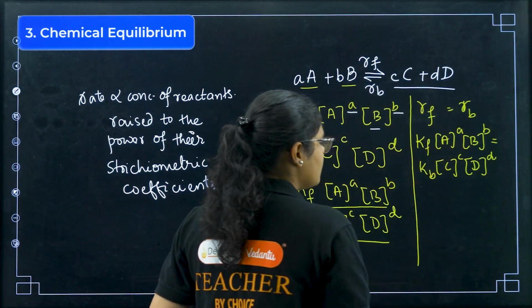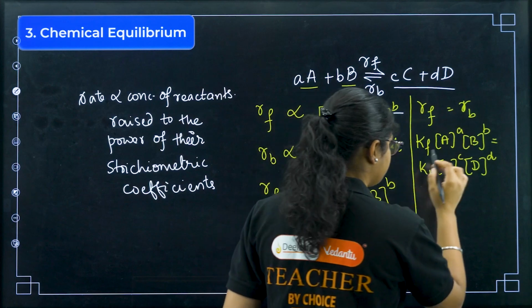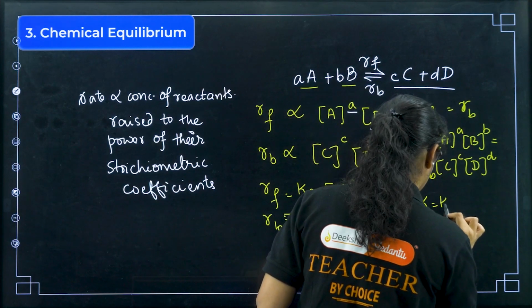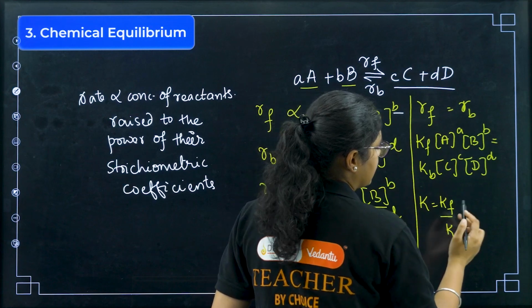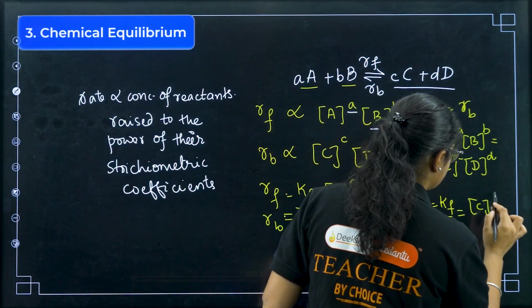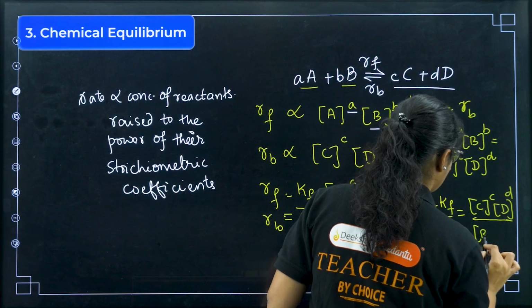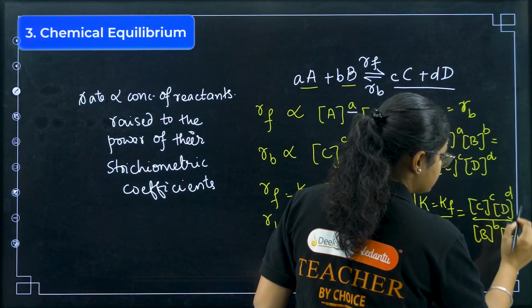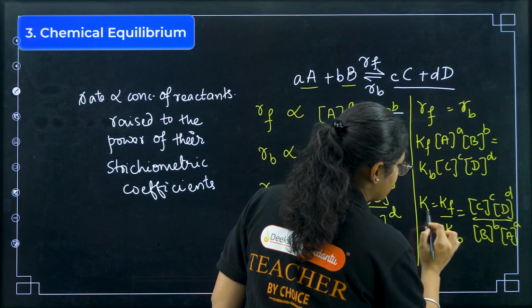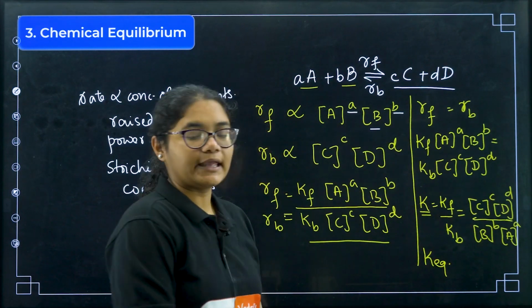Now the equilibrium constant, if I write for a reaction, will be Kf by Kb. I'll take this equation: Kf by Kb will be equal to [C]^c [D]^d divided by [A]^a [B]^b, right? So this equation is called your equilibrium constant, K equilibrium.